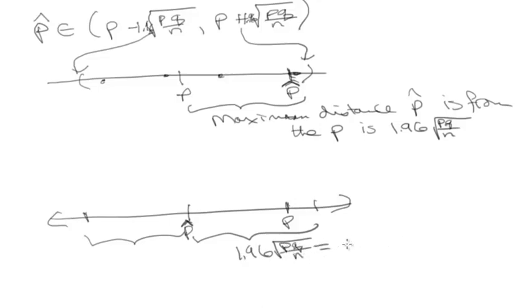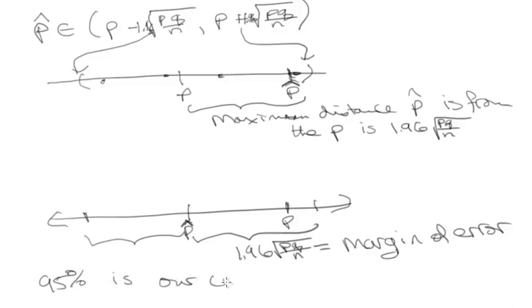So that is our margin of error. Or at least 95% of the time it's our margin of error. So that 95% is what we call our confidence level. So we are 95% confident, not 100% confident.